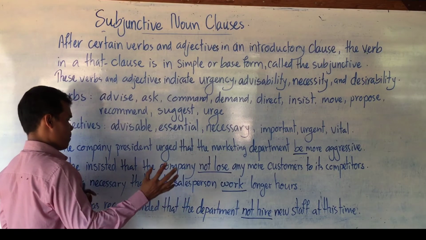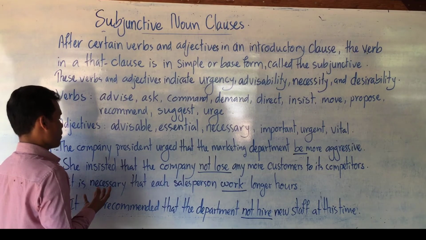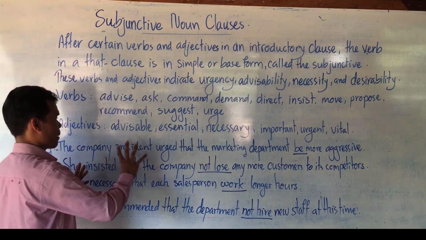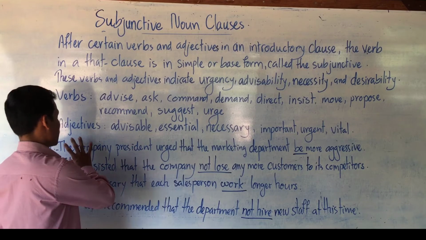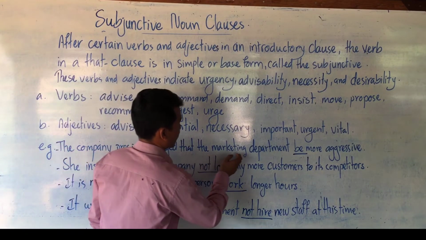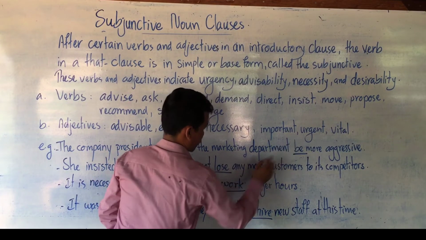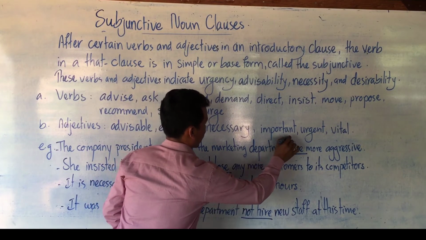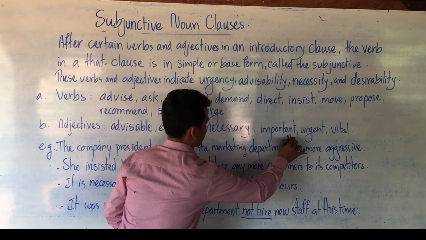In fact, based on some grammar books, when it is a subjunctive noun clause here, it comes from the company president urged that the marketing department should. In fact, in that position we should write should.